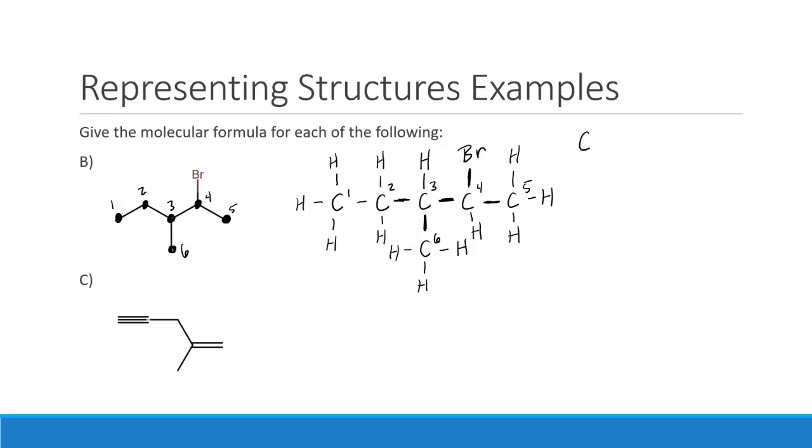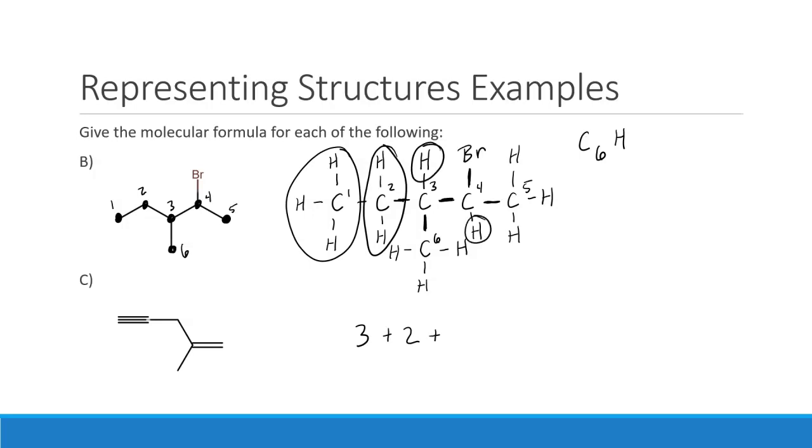So we're going to list out the number of carbons, which we already counted to be 6. And then we've got to count up those hydrogens. So we've got 3 plus 2 plus 1 plus another 1 plus 3 and plus 3 on the bottom.